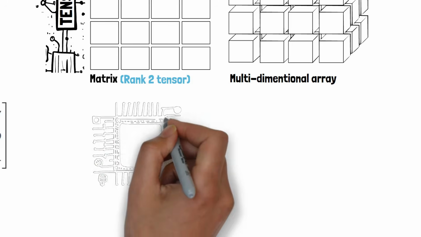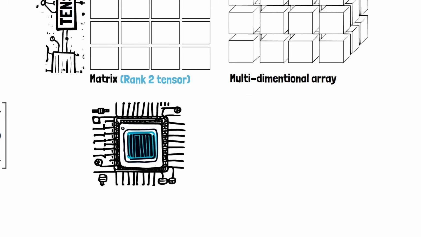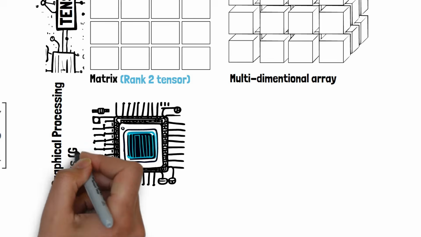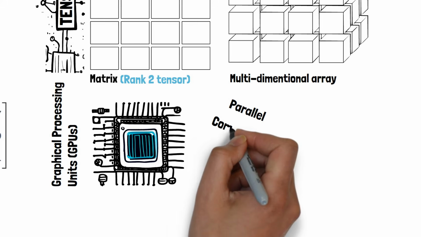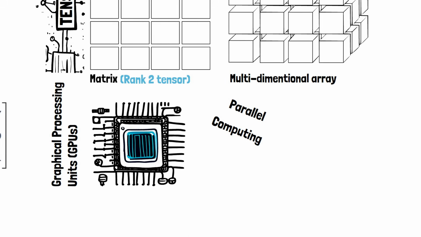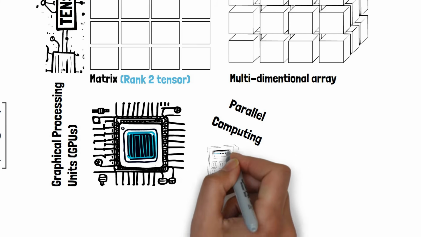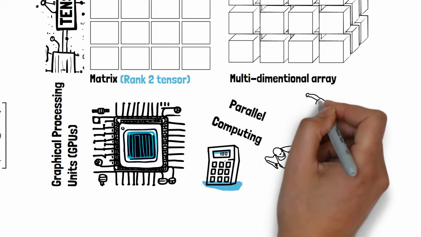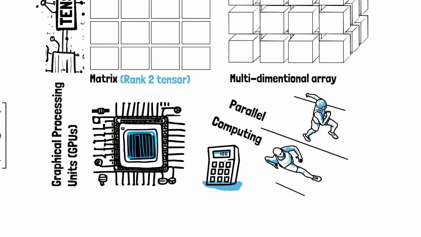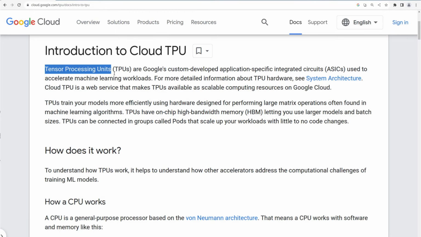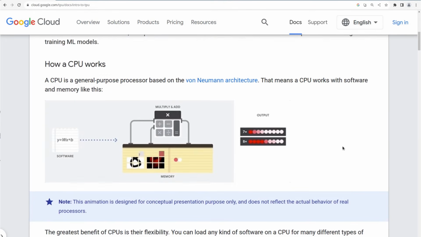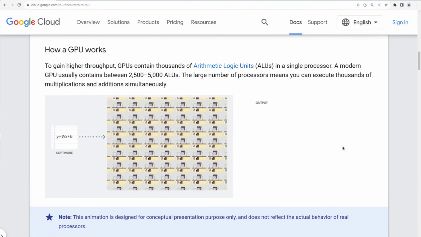And this is where GPUs come into play. Graphical processing units, or GPUs, are really good at parallel computing, which makes them ideal for this kind of tensor operations. They can perform multiple calculations simultaneously, speeding up the whole process significantly. Google has even developed TPUs, or tensor processing units, which are specialized for handling tensors in deep learning.